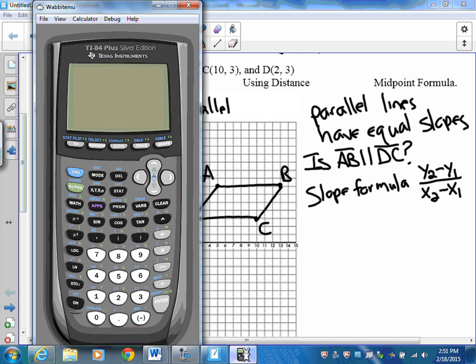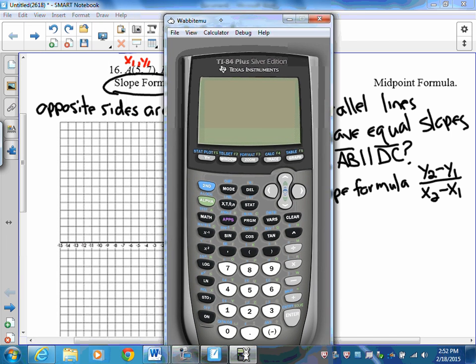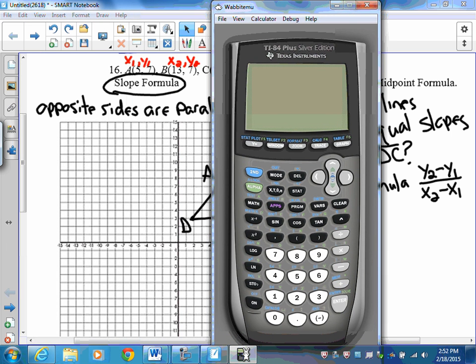So I'm going to use my calculator here. Sorry about this. All right, there we go. So we're going to hit alpha y equals enter to get our fraction bar up.